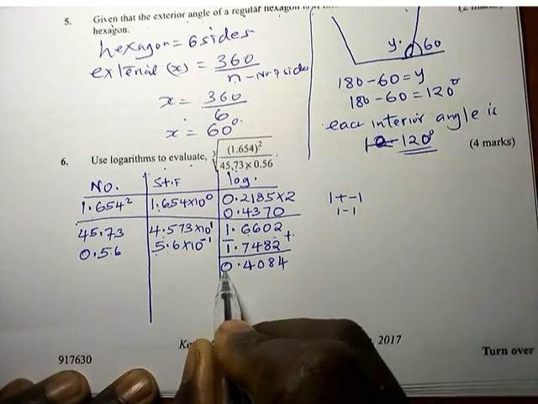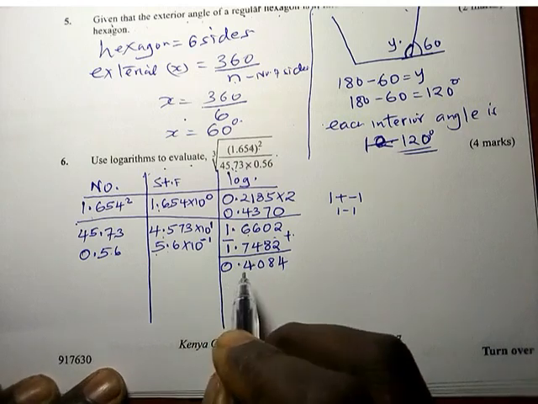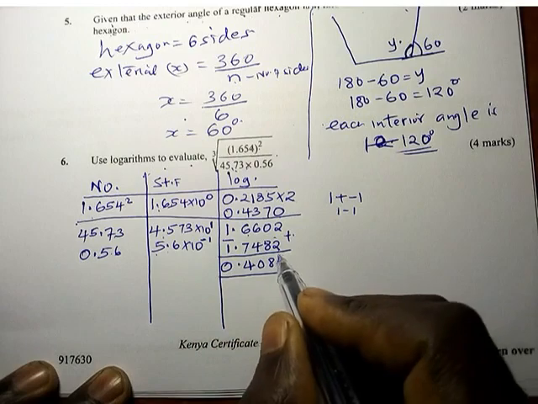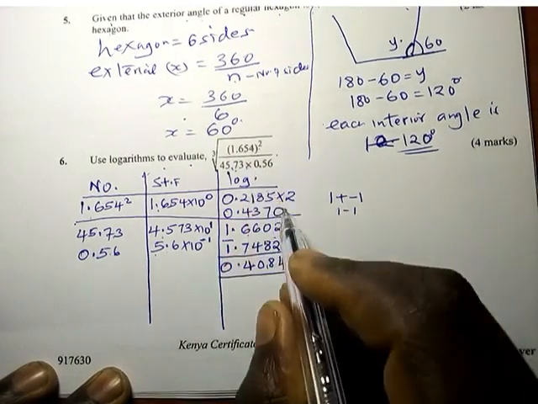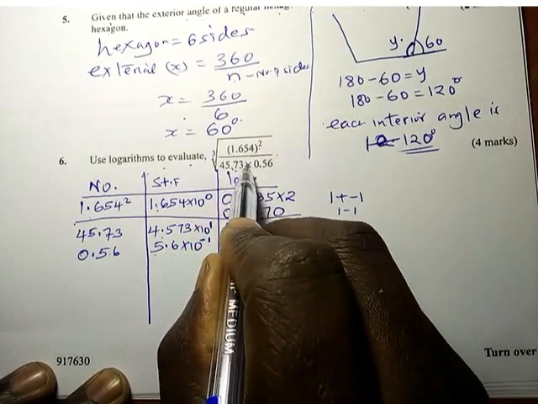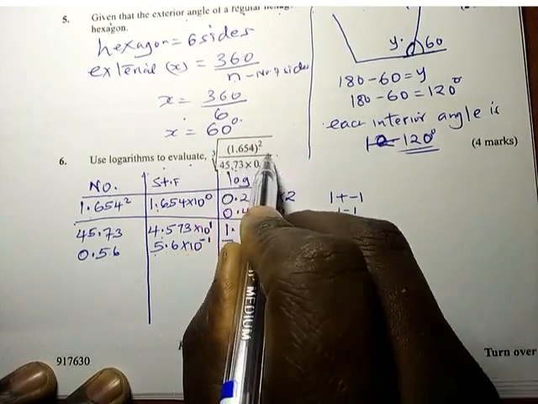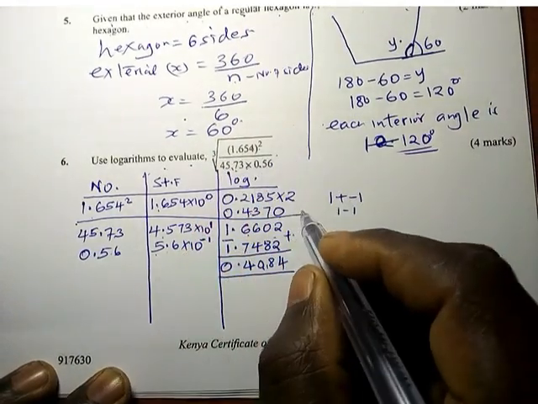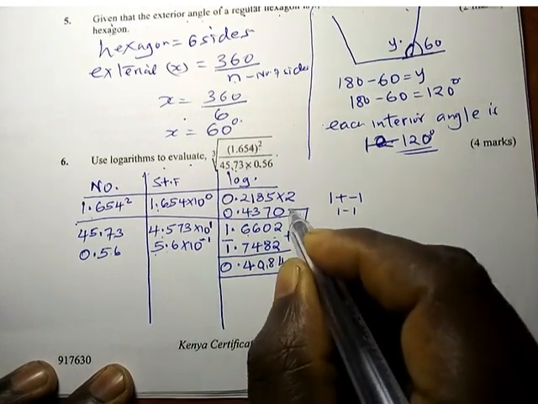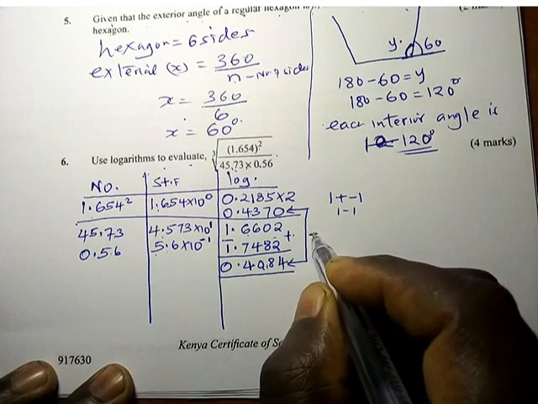So now we have finished the denominator. This is the answer for the numerator, and this is the answer for the denominator. This line means division, so here the numerator, here the denominator, we subtract.